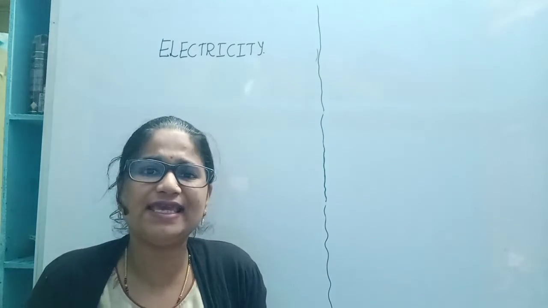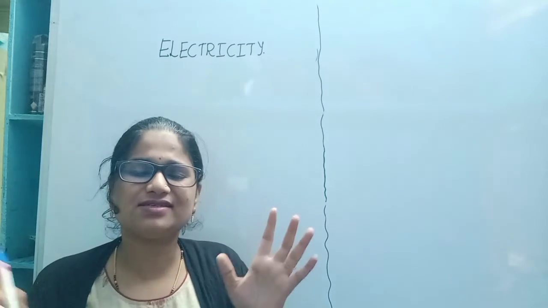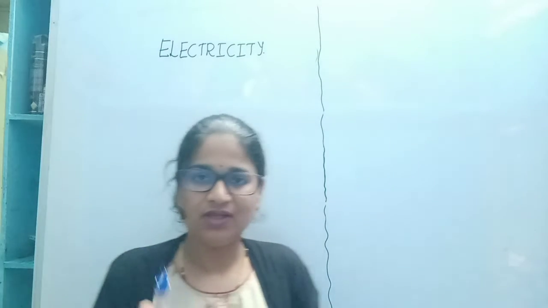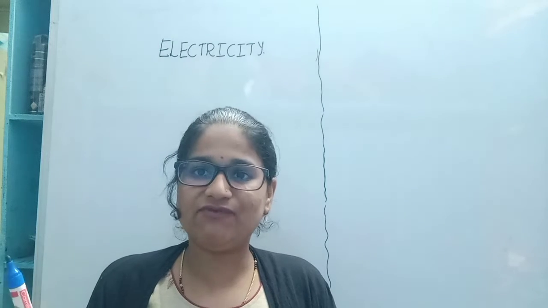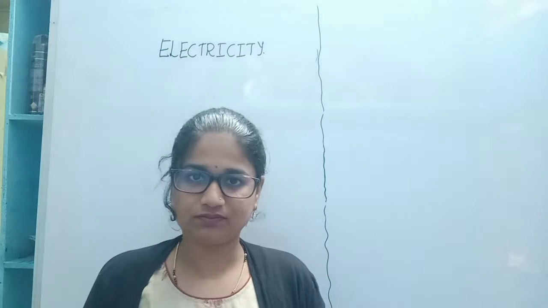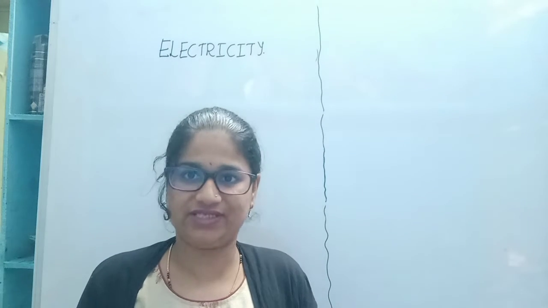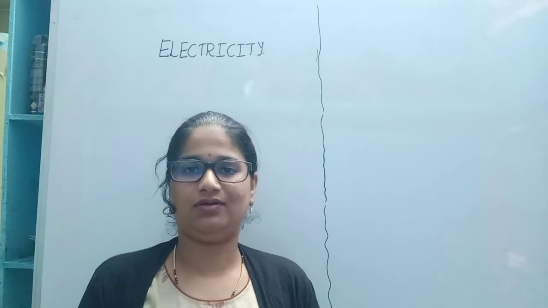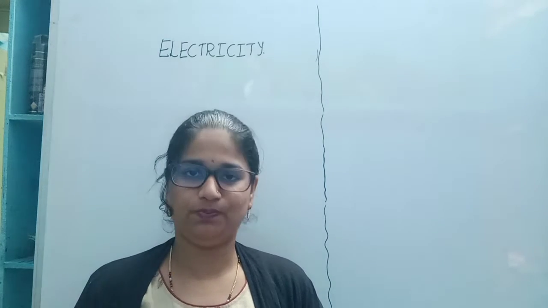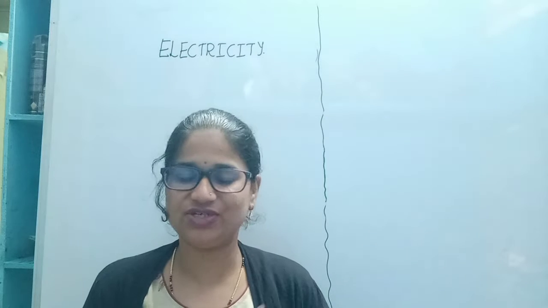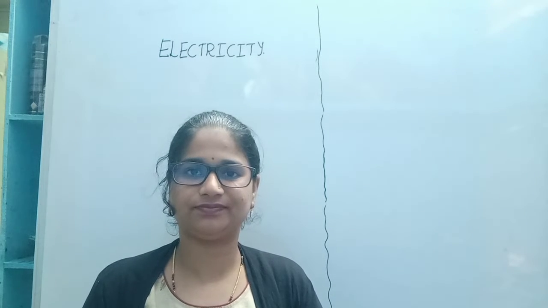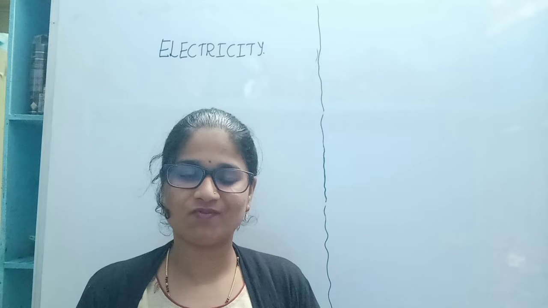When we say current, just observe yourself, or just think now. Without electricity, what are the things around you which are running themselves, which are working without electricity? Just observe the things around you. Did you observe?